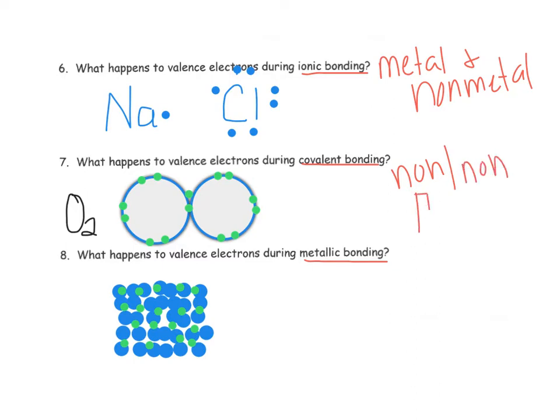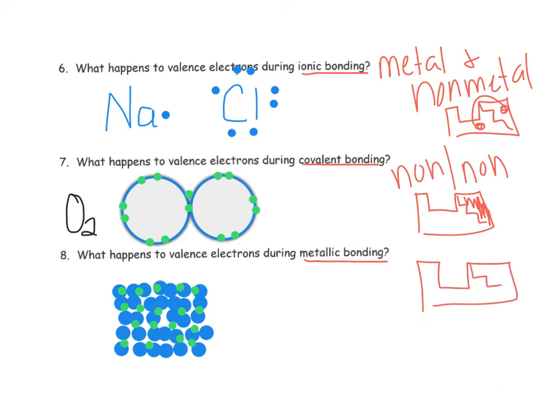Those are everybody that's on this side of the staircase, and ionic bonds are between somebody on this side of the staircase and that side. And metallic bonds are between elements over on this side, so both or multiple elements will be just on the left side of the staircase.